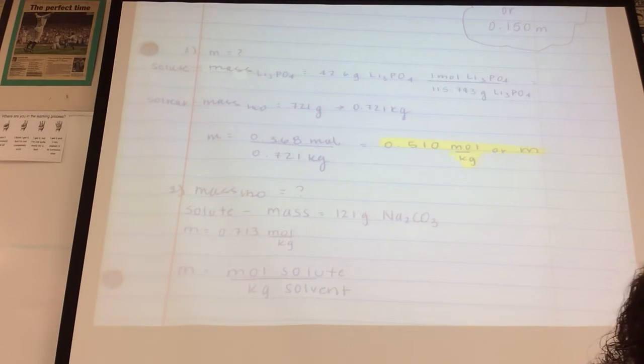So what we're doing in this one is we're solving for kilograms of solvent, and then we can convert to grams. You're math savvy enough to know you can interchange those two variables. So kilograms of solvent, moles of solute over molality.